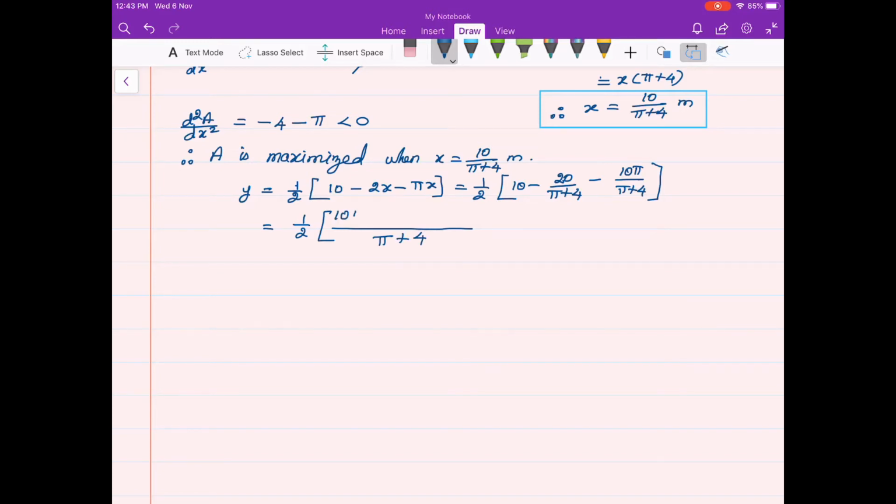We get 10π plus 40 minus 20 minus 10π. 40 minus 20 is 20. We have divided by 2, which gives us 10 over π plus 4 meters.